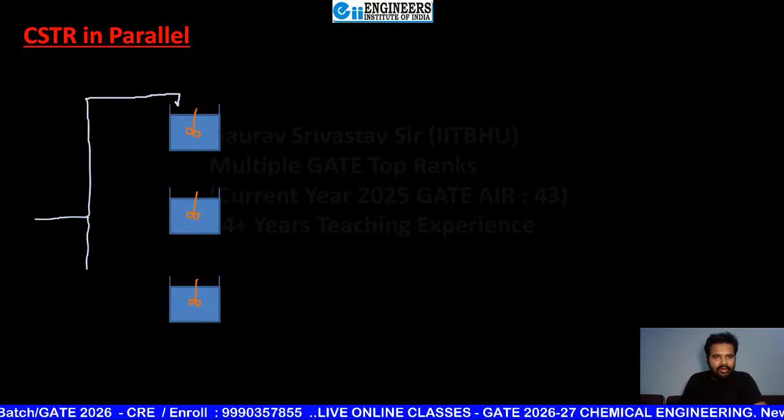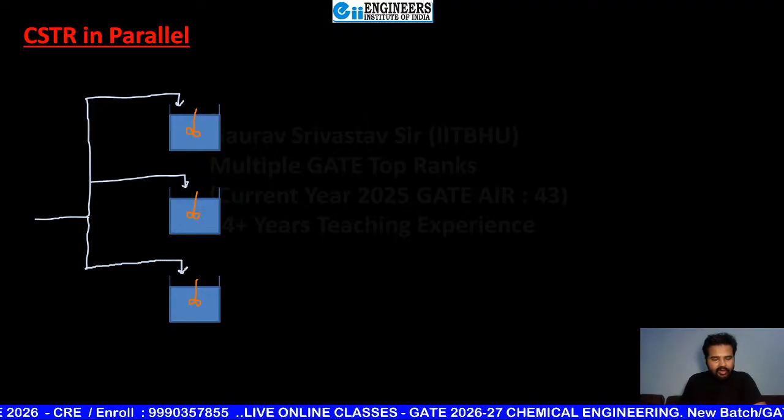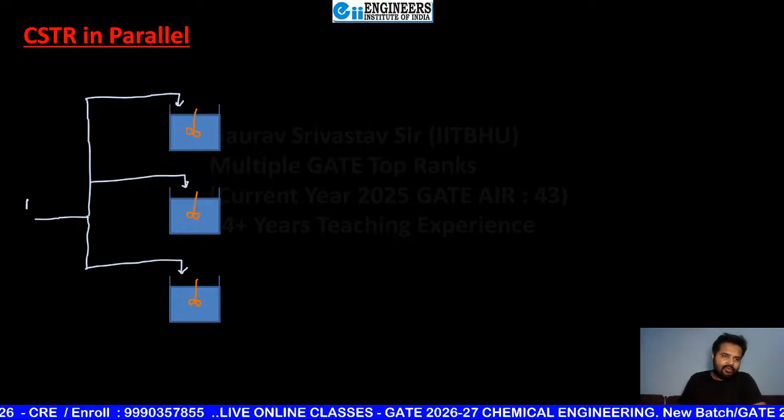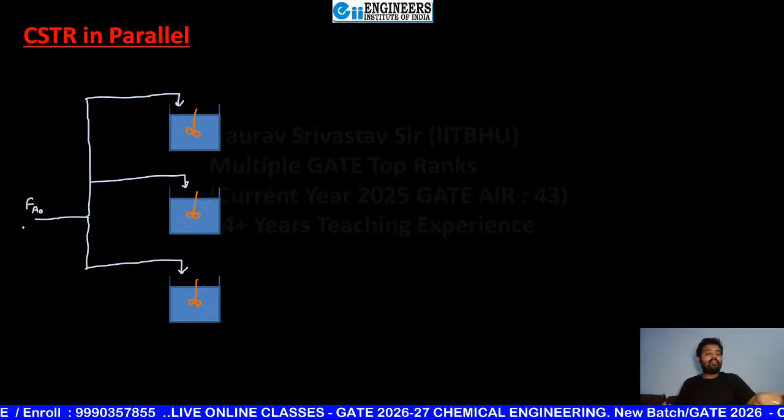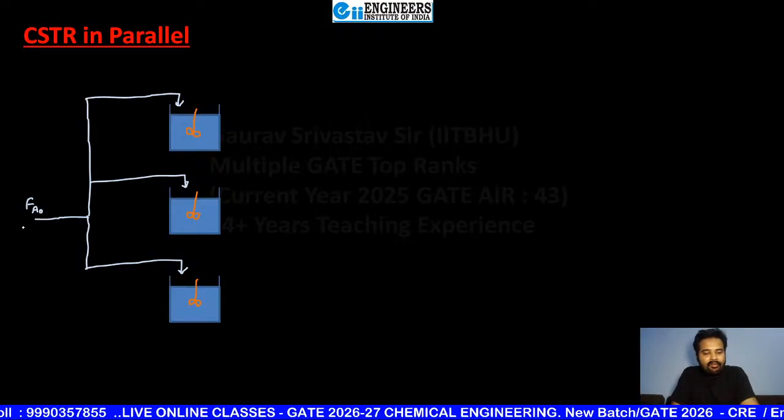One you are sending here, one here, and one here, and this is your FA naught. That means FA naught you are going to bifurcate into 3 CSTRs.